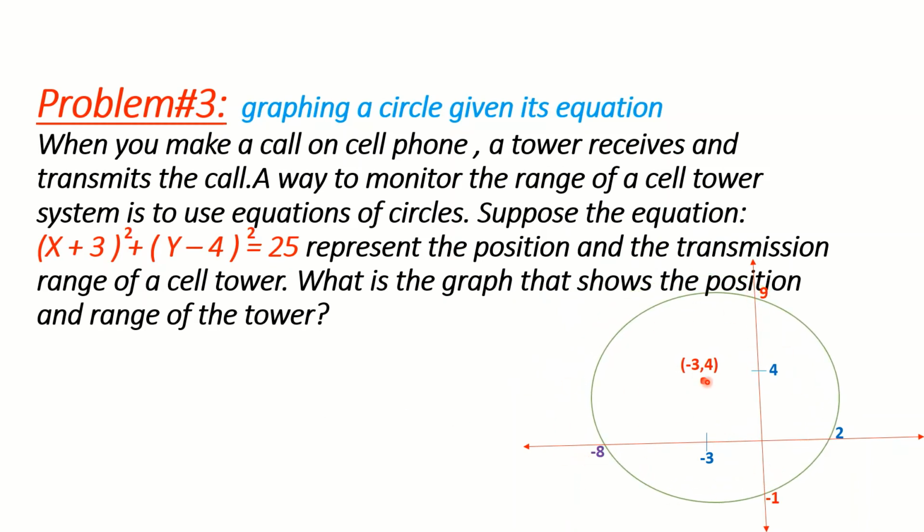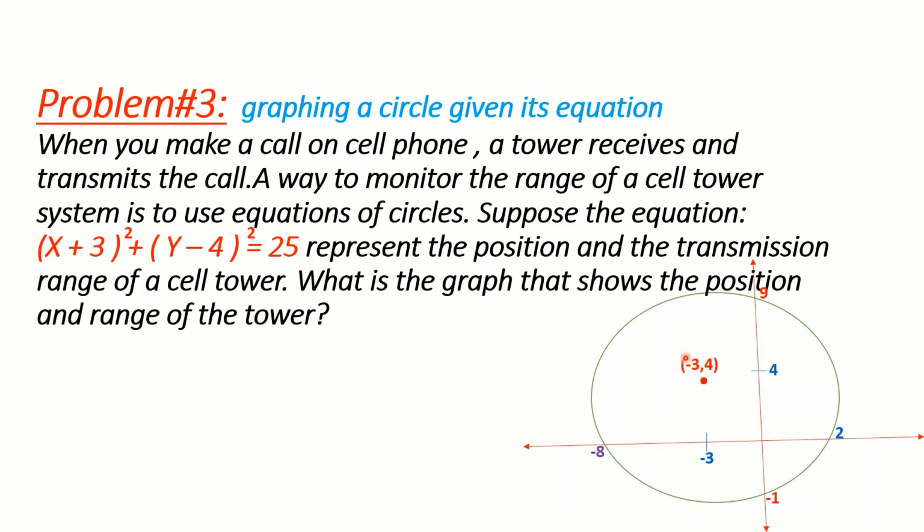Here the center is (-3, 4), because x + 3 means x minus (-3), this will turn into plus, so we know that h is negative 3, and here y - 4, so k is 4, and the radius is 5, as 5 squared is 25.